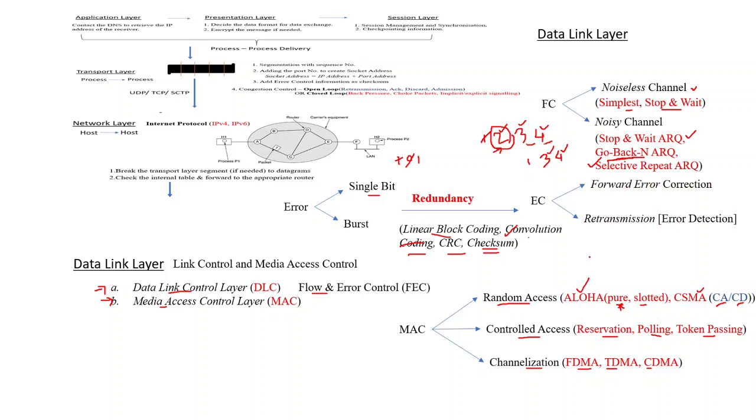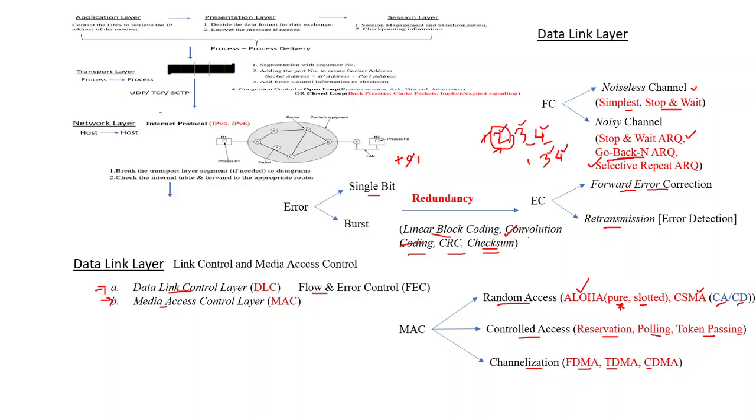Now the ratio of redundancy bits to your data bits will determine if the error control will be forward error correction, retransmission, or error detection. Now there are some errors that are corrected by the receiver.